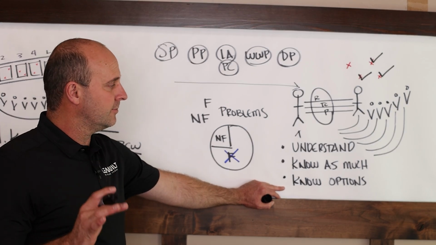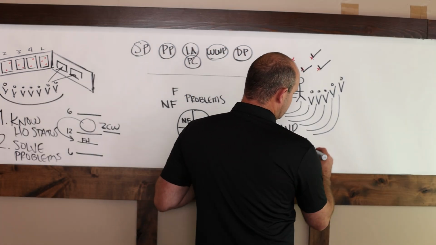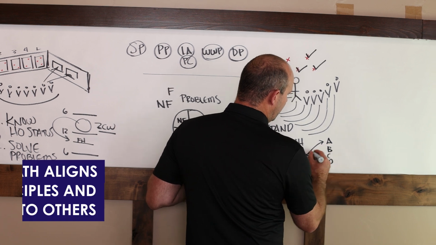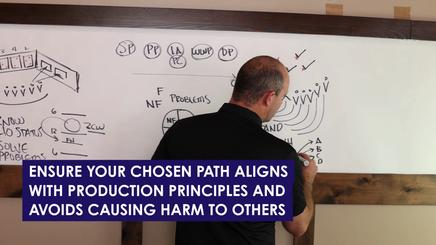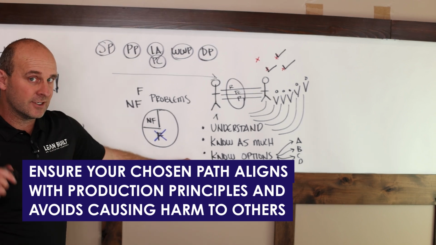Now, this is the most important thing that I want to communicate in this video. Whatever the solution is, if you have, like I said, A, B, C, or D, we have to make sure that whatever path we take follows production principles and doesn't hurt people.